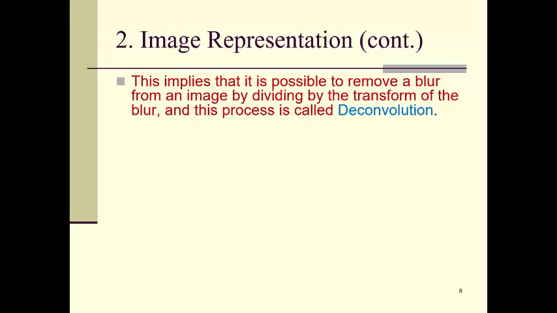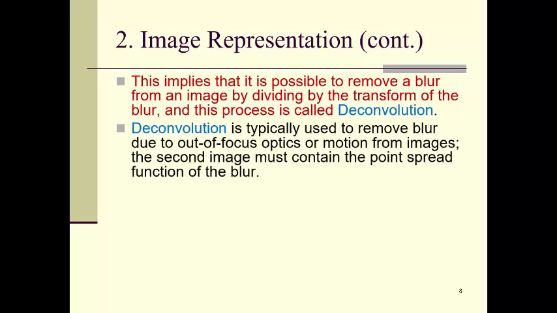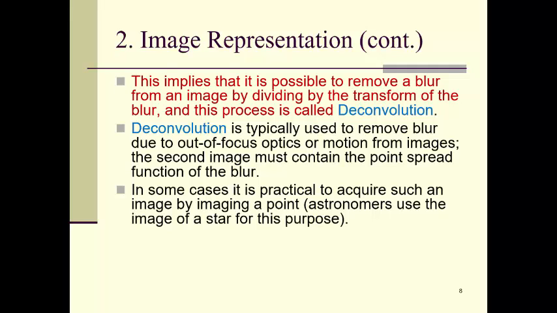So that's why here we say that deconvolution is typically used to remove the blur due to out of focus optics or motion from images. The second image must contain the point spread function of the blur. Here by the point spread function, I mean the h. So if I have the h and I have the g, theoretically I can compute what? The f.